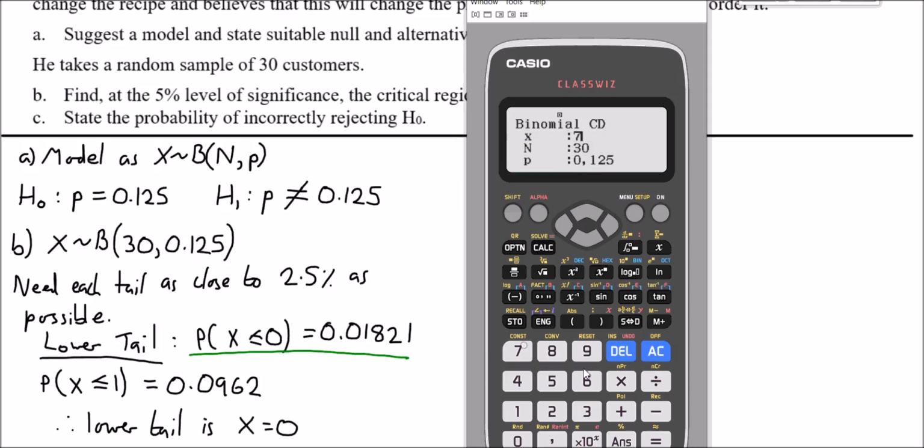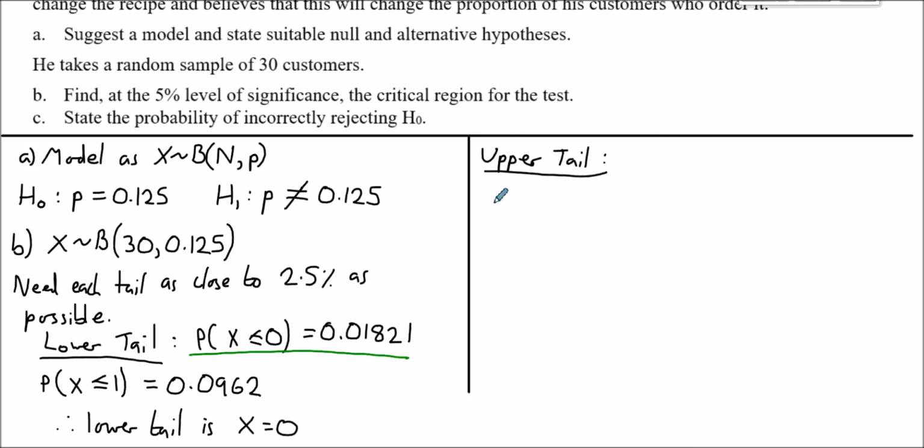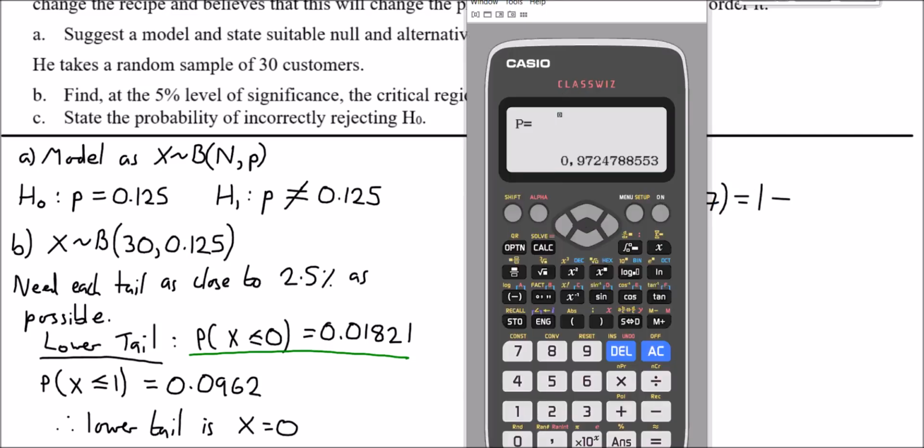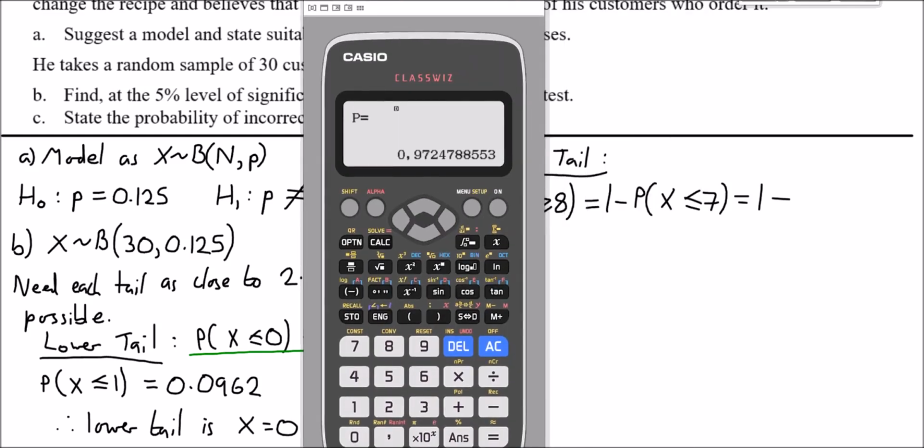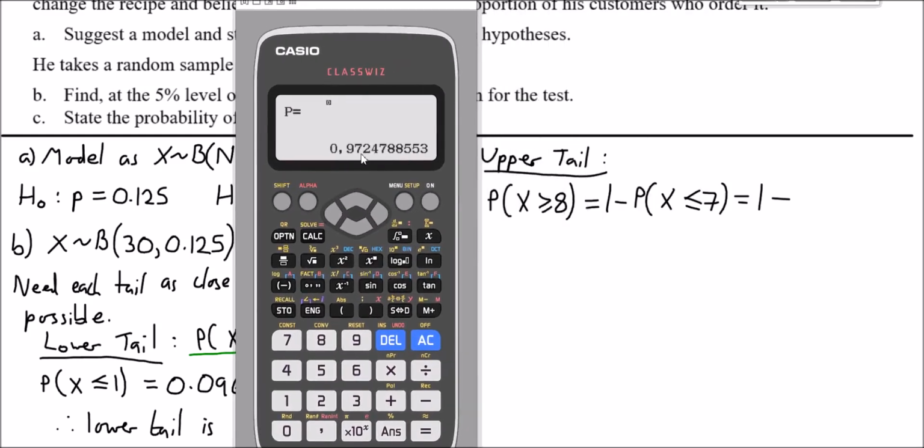So let's try 7. 7's quite close, and so the probability of x being 8 or greater is 1 minus the probability we just worked out, which was up to and including 7. So what we had there, let's move this calculator to the side, is 1 minus 0.972.